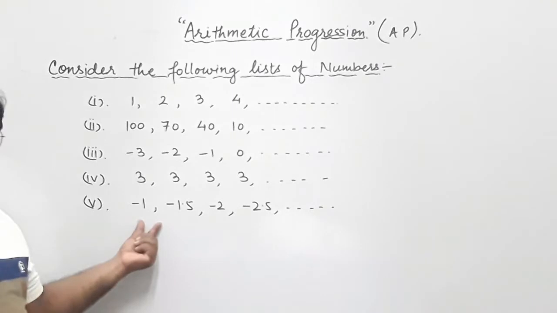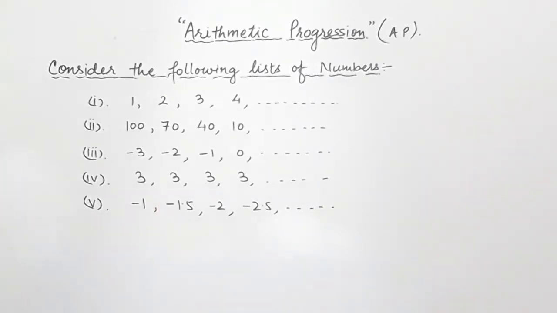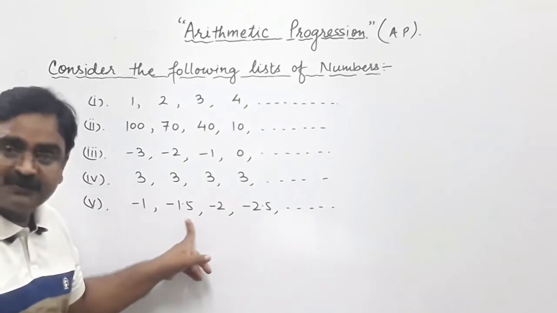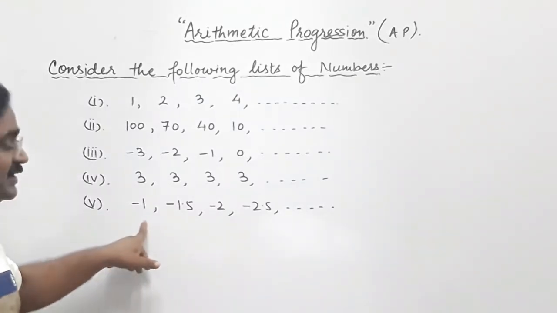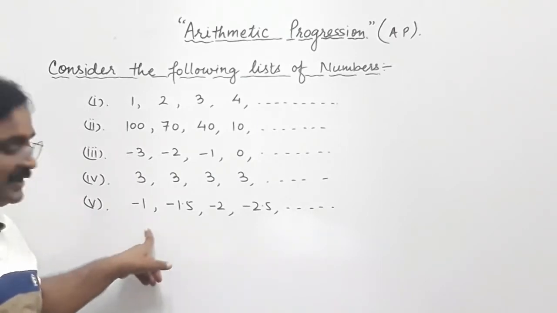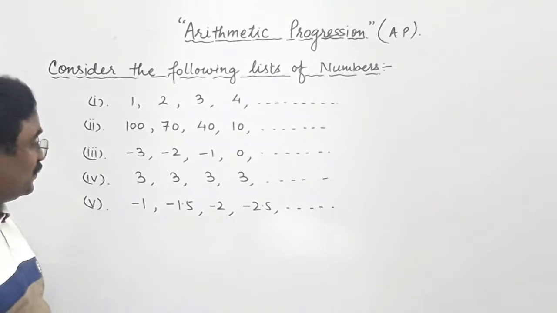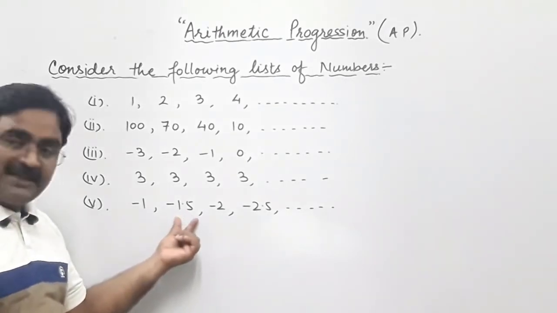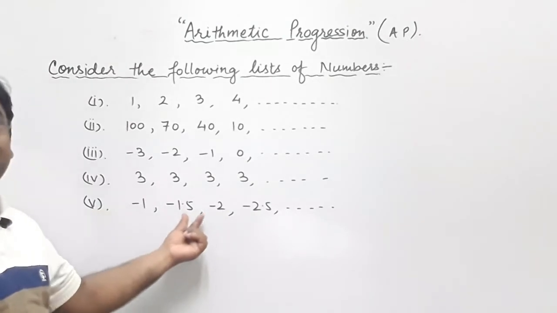Just see, the first term is minus 1 and the second term is minus 1.5. So is this minus 1.5 or minus 1 greater? Minus 1 is greater in comparison to minus 1.5. So when you observe minus 1.5 and minus 2, minus 1.5 is greater than minus 2.